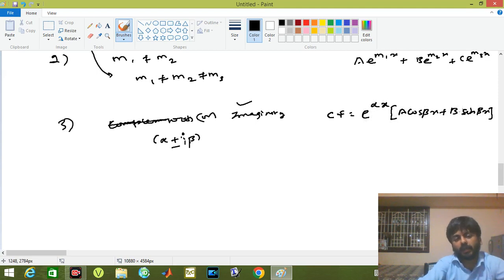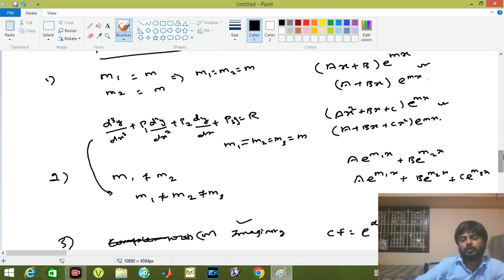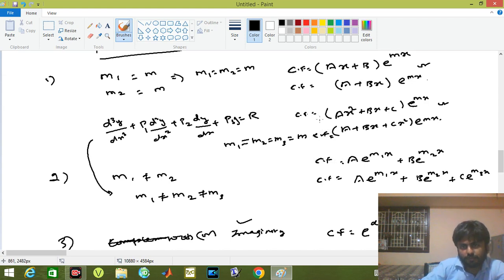So this is the basic idea of complementary function. CF means complementary function.